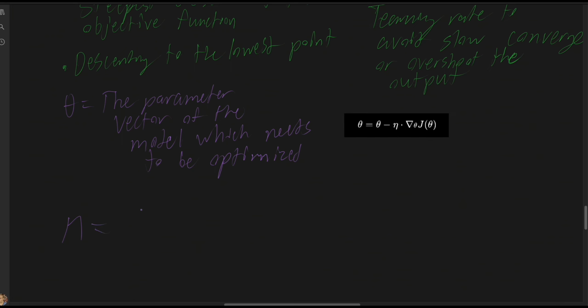And the following symbol refers to the learning rate, which controls the size of the steps taken towards a minimum loss function.